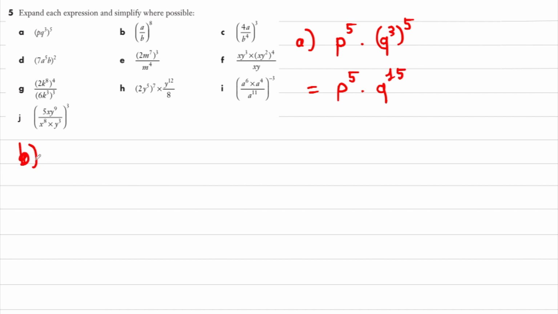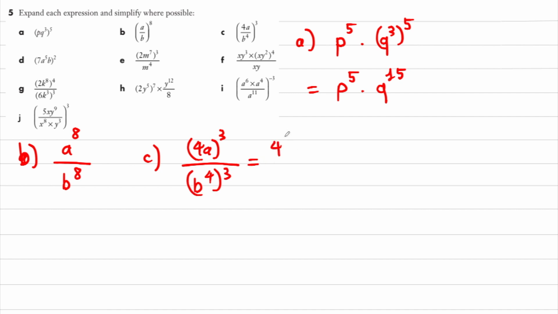About B, 8 outside this division, so a to the power of 8 first and b to the power of 8, like this. Yeah, that's it. About C, you have the numerator and denominator with 3 outside. So 4a to the power of 3 divided by b to the power of 4, to the power of 3, like this.